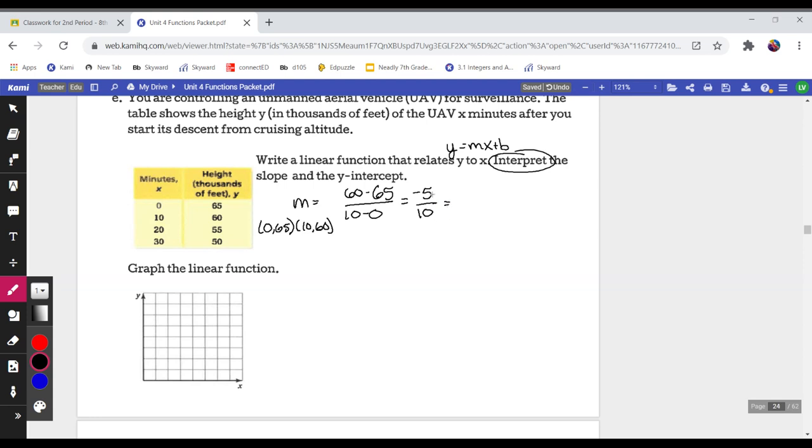Well, I can reduce this negative 5/10 to negative 1/2, which is my slope. Then my y-intercept is where it is 0 for my x value. So that means my y-intercept is 65. So if I take y equals mx plus b, and I know my slope is negative 1/2, and my y-intercept is 65, that gives me y equals negative 1/2 x plus 65.